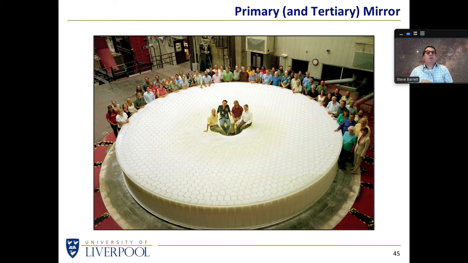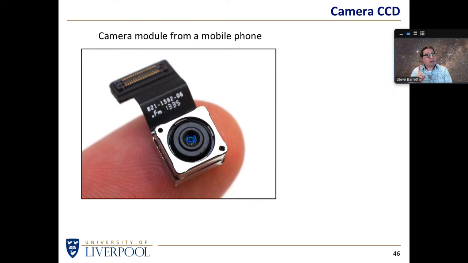Okay, so some very interesting optics gives you a wide field of view, but of course that's wasted unless you can actually catch all of that in a large detector. So no, that's not it. That, just for scale, is a reminder of probably the smallest camera that you own. It's the one in your mobile phone. That's typically the size of a mobile phone camera, the lens and the chip just behind it.